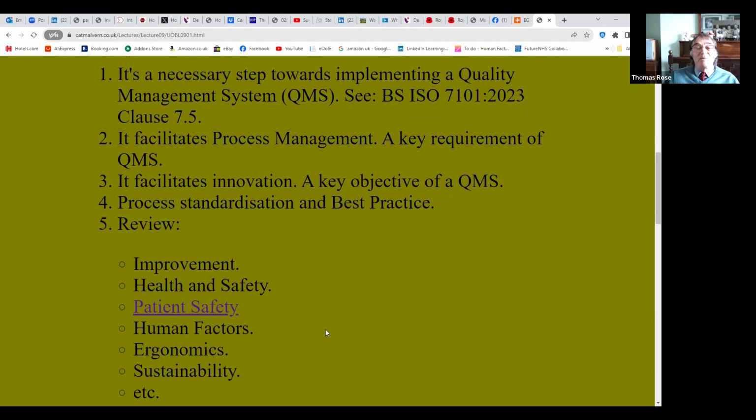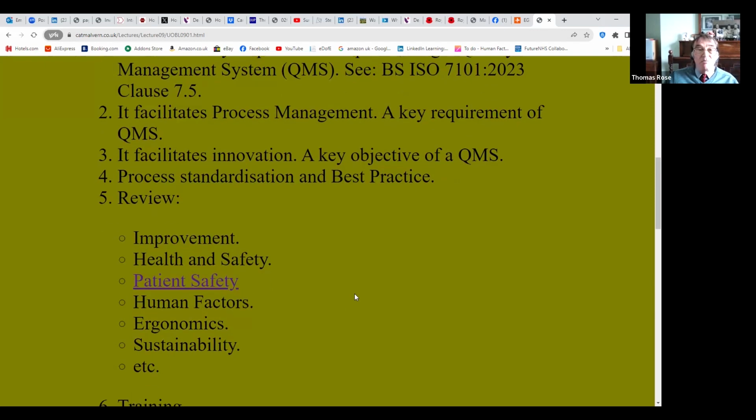A key element of process documentation is that you can do desktop reviews. Instead of having to go and watch people doing the work, you can do a desktop review where you can identify areas for improvement, health and safety issues, patient safety, definitely patient safety.